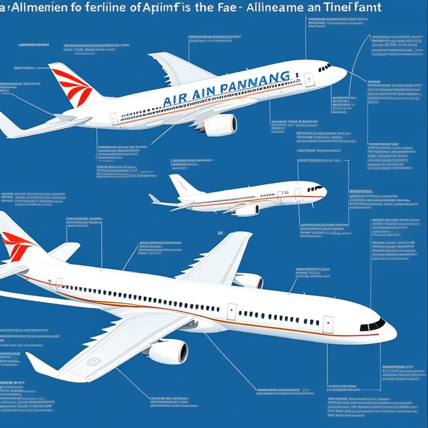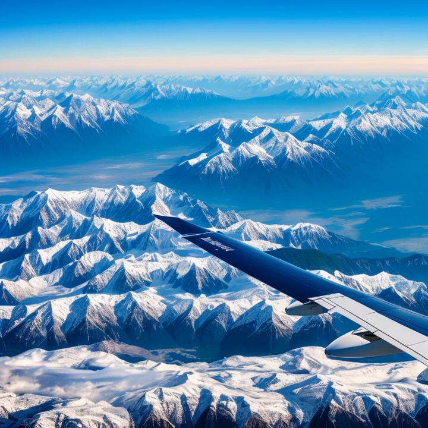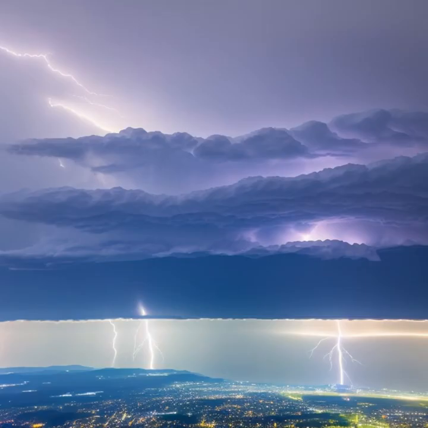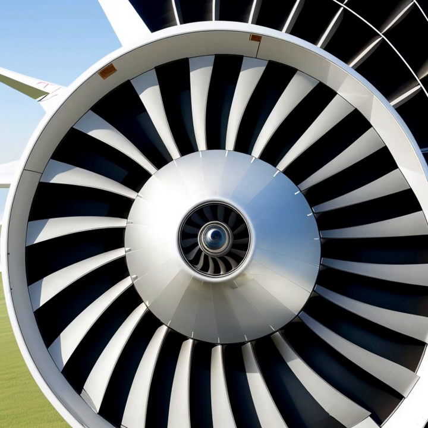Weight is the force of gravity pulling the airplane down towards the earth. Thrust is the force produced by the airplane's engines, which propels it forward through the air. And drag is the force that resists the airplane's motion, essentially acting as air resistance.